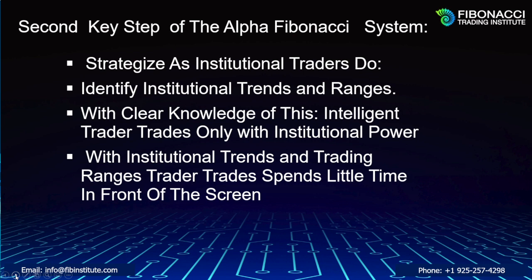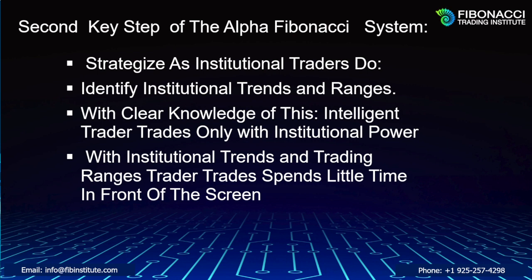With clear knowledge of this, an intelligent trader trades only with institutional power, riding institutional trends. With institutional trends and trading ranges, a trader spends very little time in front of the screen, enjoying the most powerful trading ranges, the most powerful synchronicity, the most powerful volume.